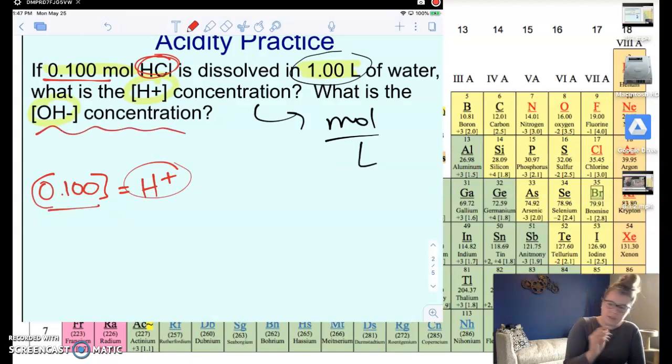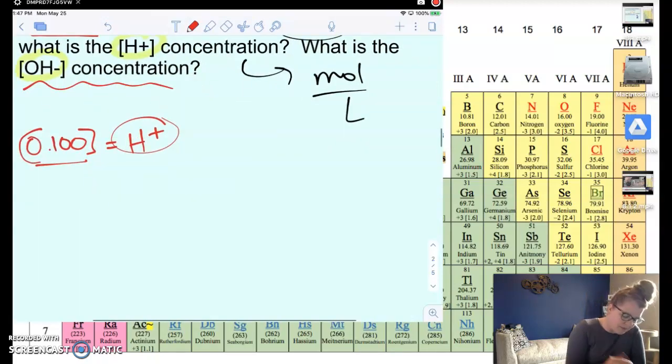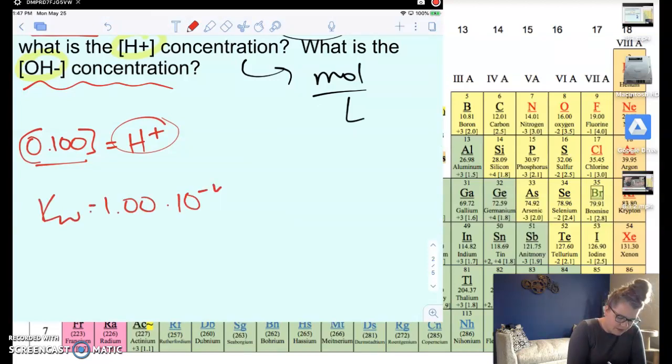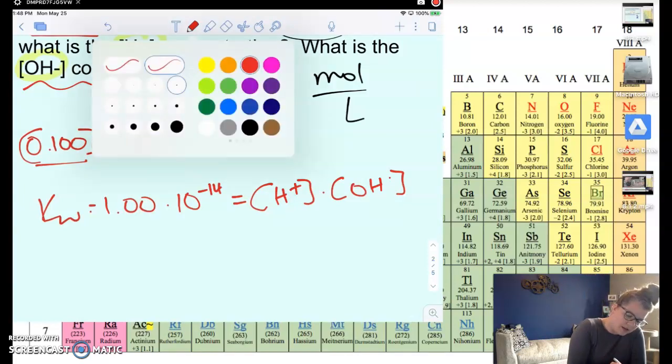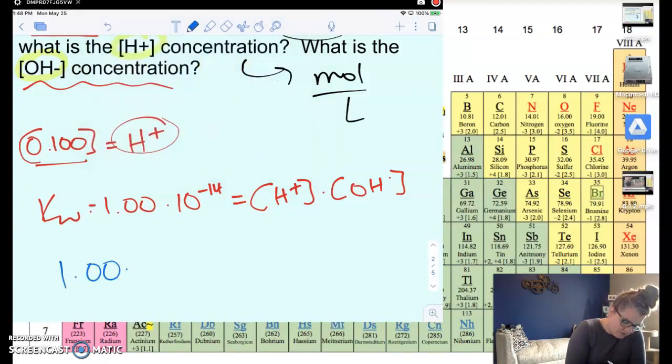This hydroxide concentration takes a little bit more work. If you remember, Kw of water was 1.00 times 10 to the negative 14th. And that K expression is equal to the H plus concentration times the hydroxide concentration. That K expression is going to stay constant because we're not influencing the temperature or anything like that. So if I plug in 1.00 times 10 to the negative 14th, my H plus concentration for this particular problem I know to be 0.100.